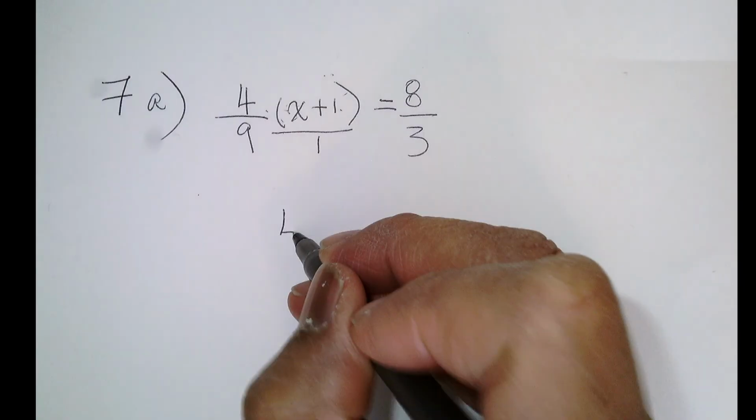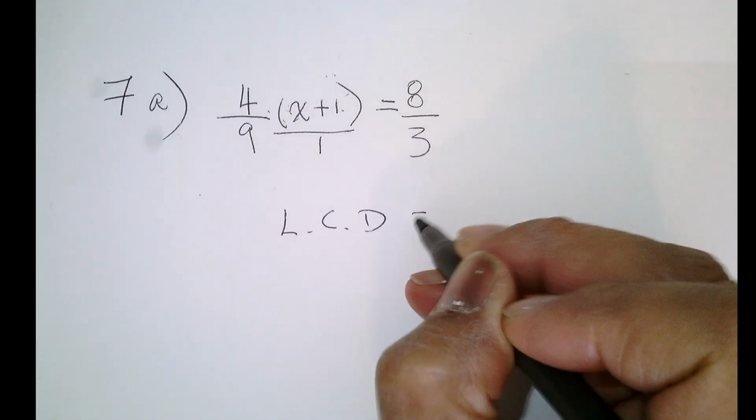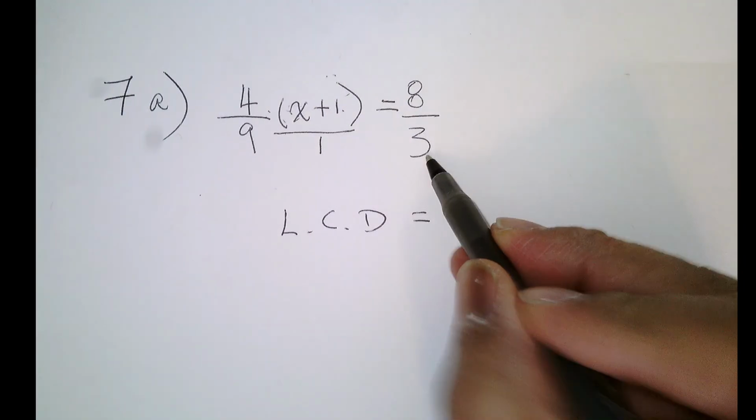Now identify the LCD, which is equal to 9 because 3 can go into 9.